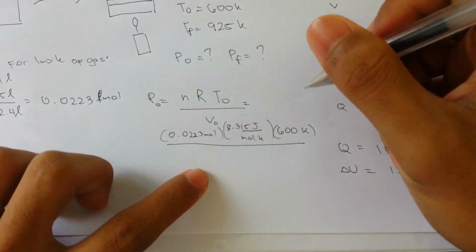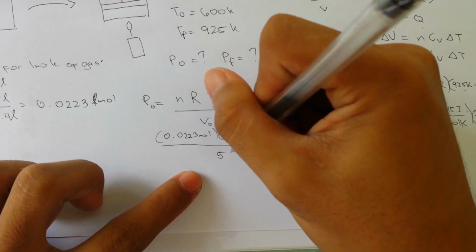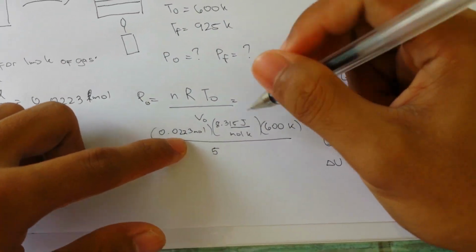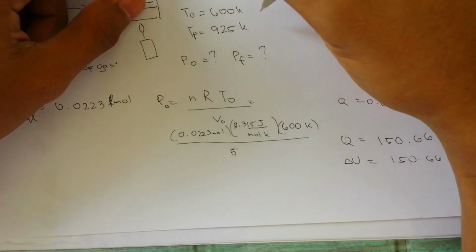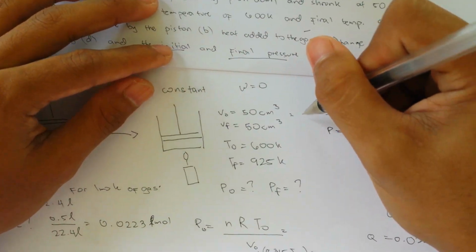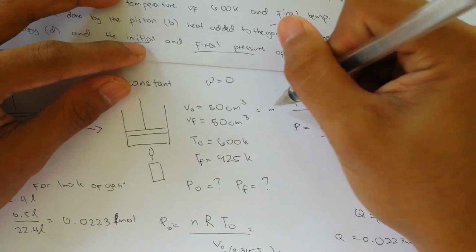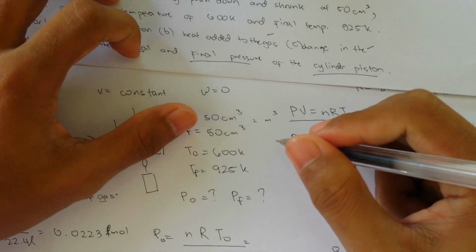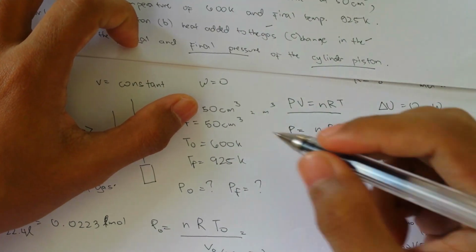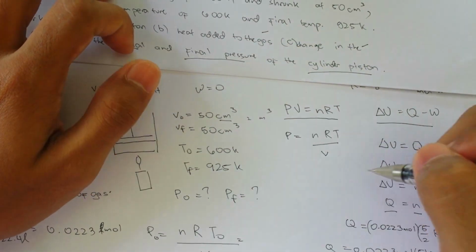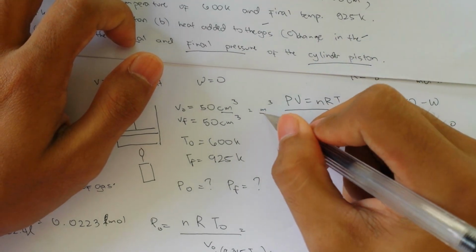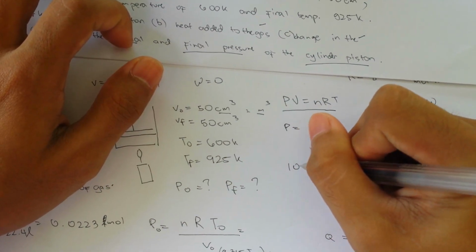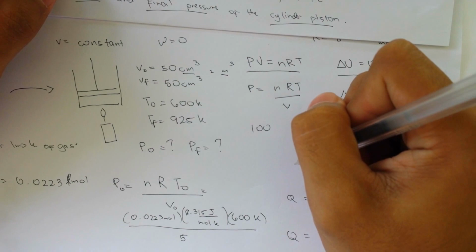The initial volume is 50. Oh, we must change the cubic centimeter to cubic meter. 1 meter is equal to 100 centimeter.